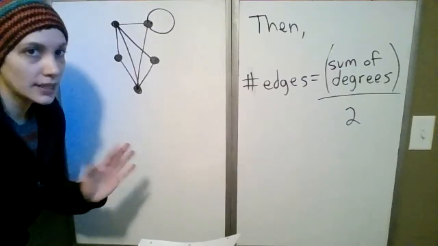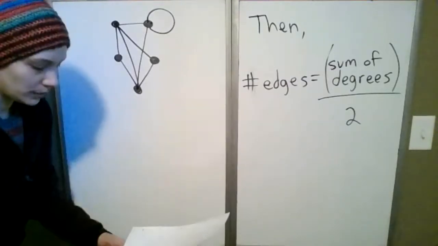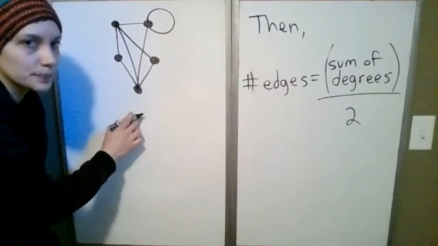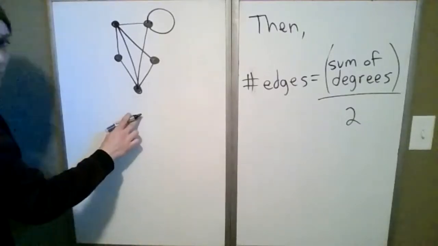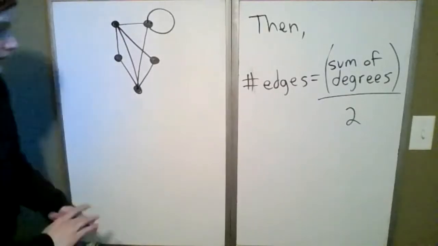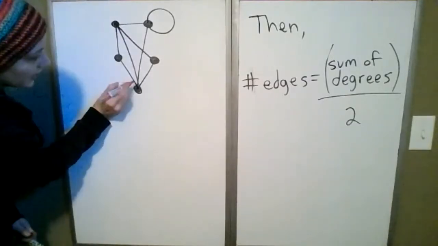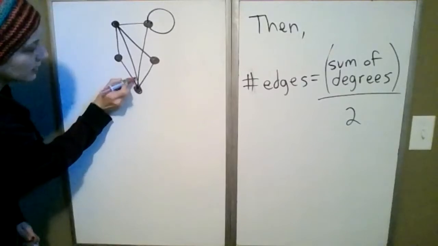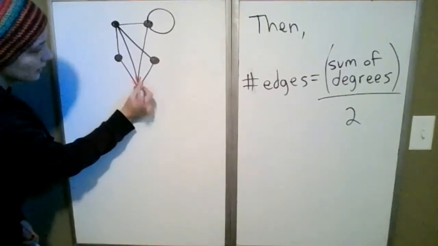So to do the degree quickly, we're going to put it in parentheses right next to the vertex as a label. And the degree is the number of edges that go to that vertex. So you can highlight just where the edge meets the vertex. Have 1, 2, 3, 4 times.